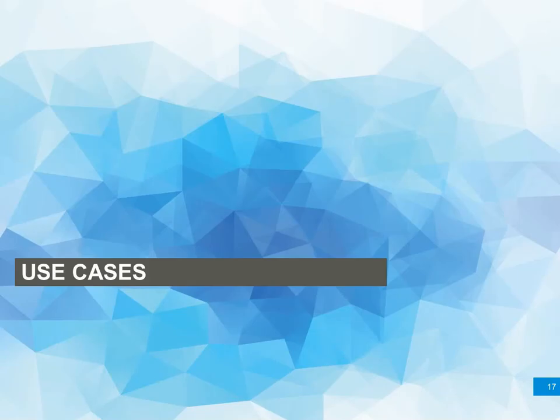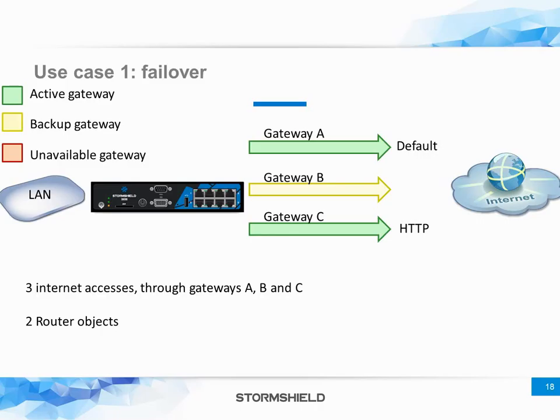Now that we know how to configure a router object, let's see a few use cases that were not possible in version 1, but can now be done with version 2 and router objects. First, let's study a failover case. Let's imagine a case where our firewall is connected to 3 internet accesses through gateway A, B, and C. Let's create 2 router objects.